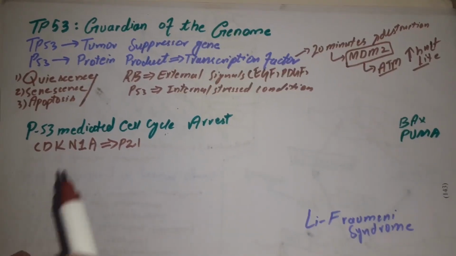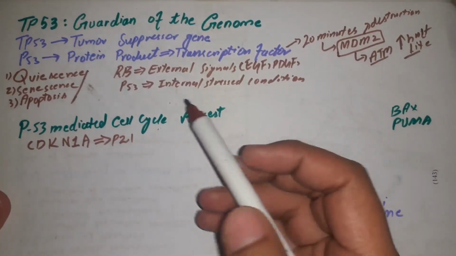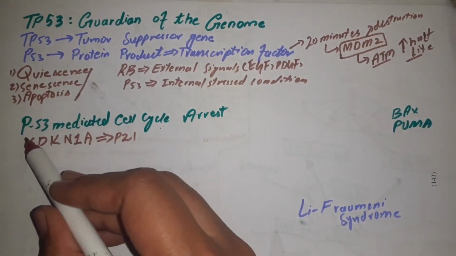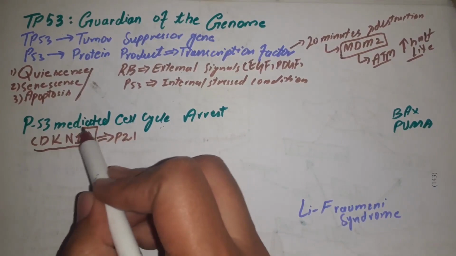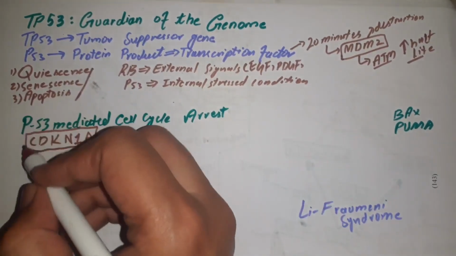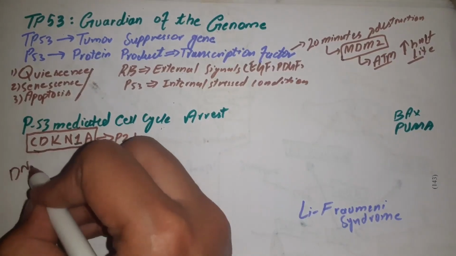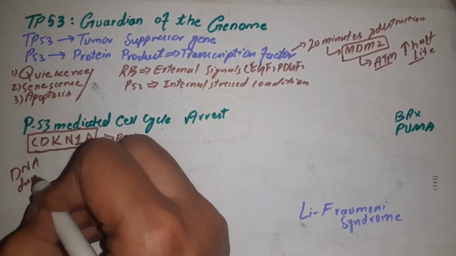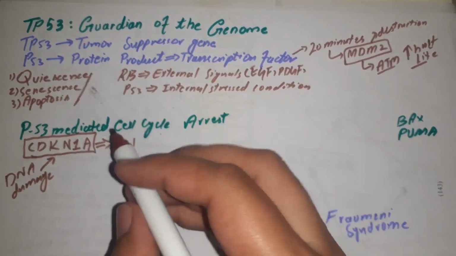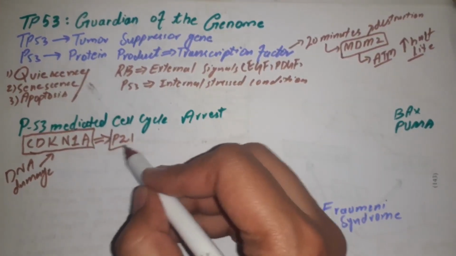Okay, so P53 mediated cell cycle arrest occurs in a way that when there is cellular stress, there is activation of a gene which is CDKN1A. This gene becomes active in the stressed condition, or you can say when there is DNA damage. This DNA damage activates the gene CDKN1A and its protein product is P21.